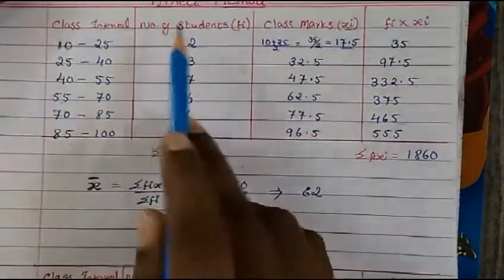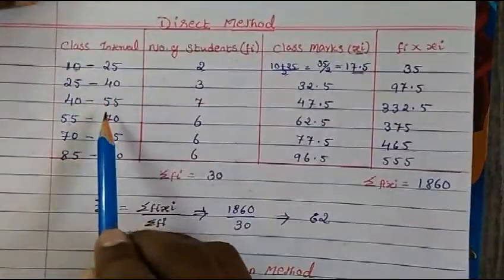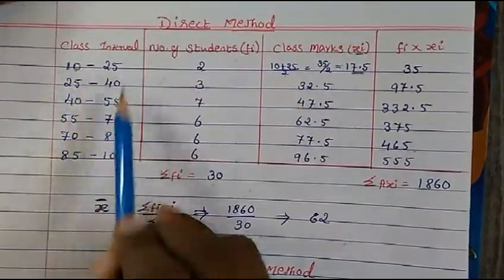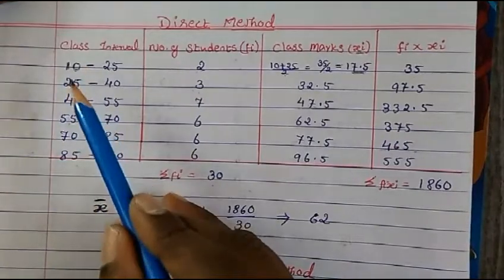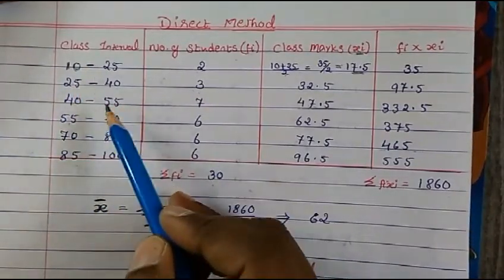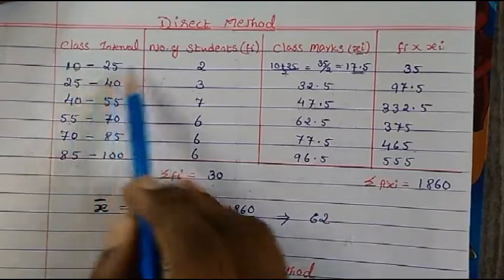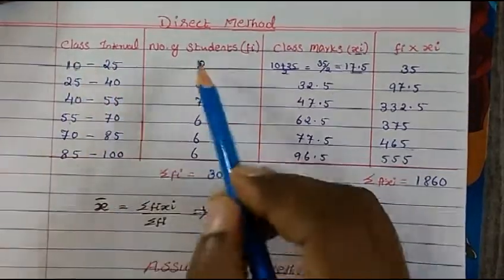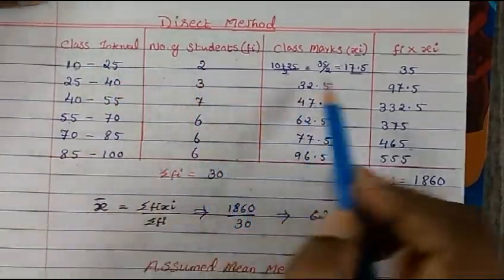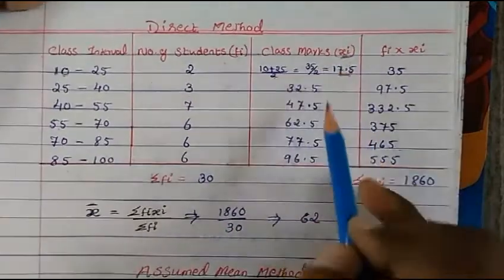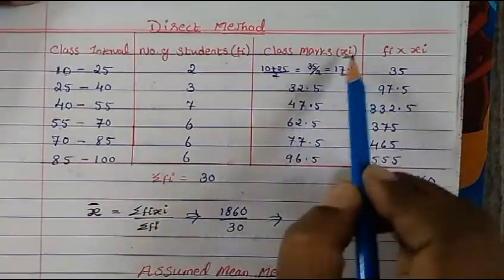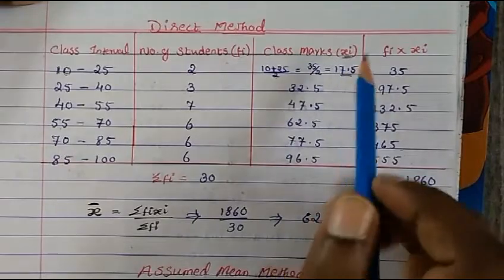So direct method is like this. Class interval you have to do by yourself. You have to make this arrangement. You can take the difference either 5 or 10 or 15 or 20. It is up to you. Class interval is your choice. Then number of students accordingly you will write down. Then this class mark xi you have to calculate. For all three methods, xi has to be calculated.